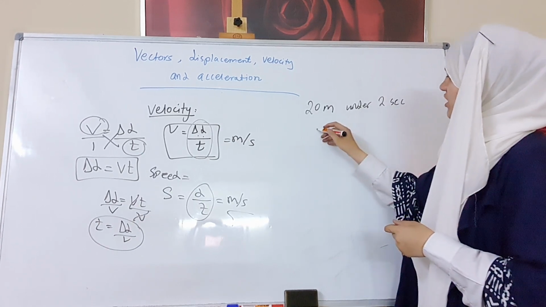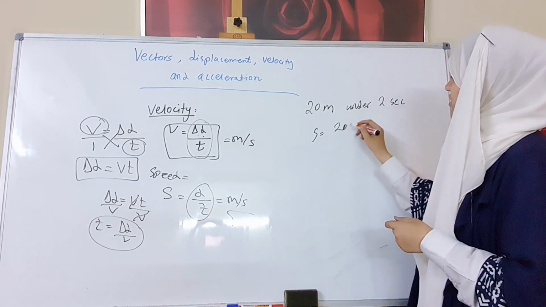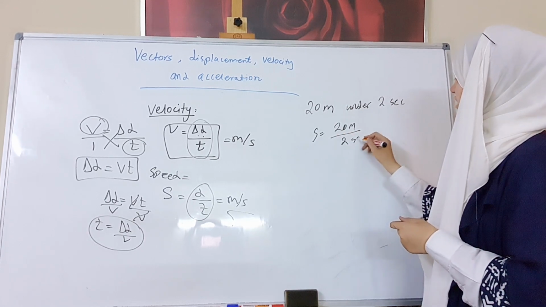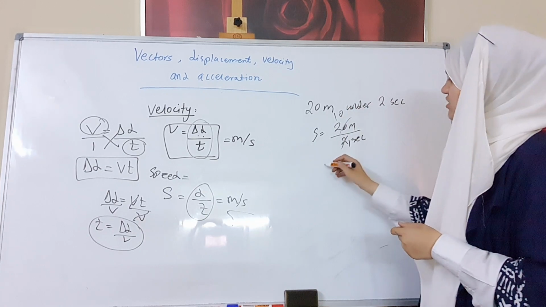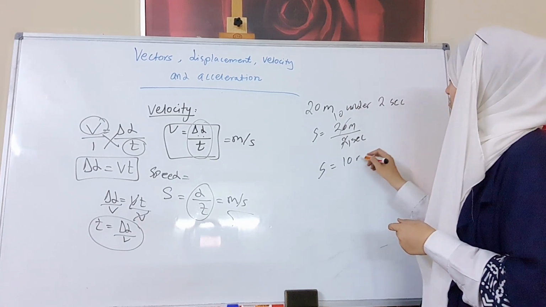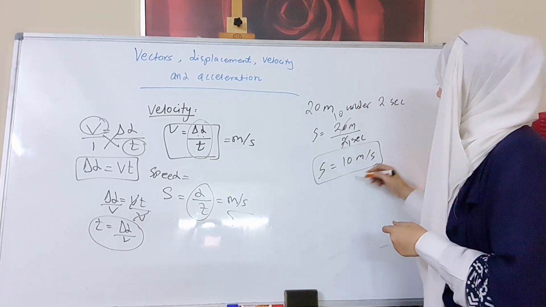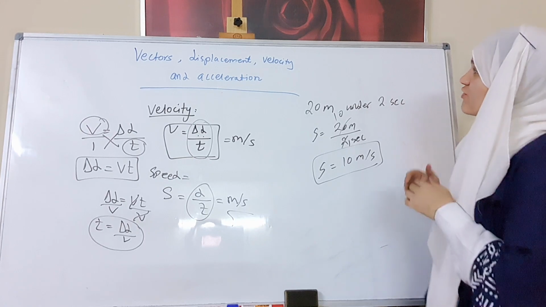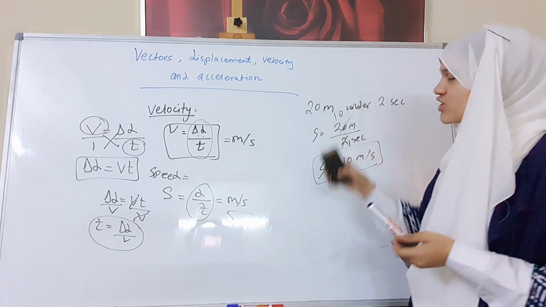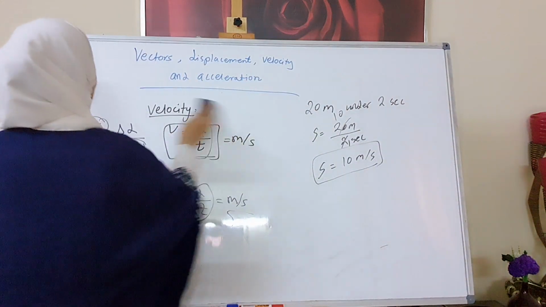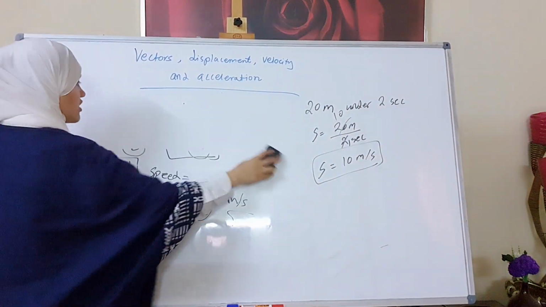That means speed is equal to 20 meters over 2 seconds, which is 10. That means speed is equal to 10 meters per second. So that was for velocity and speed.